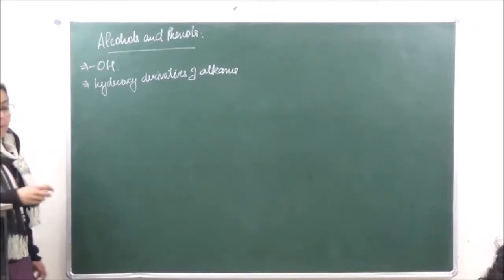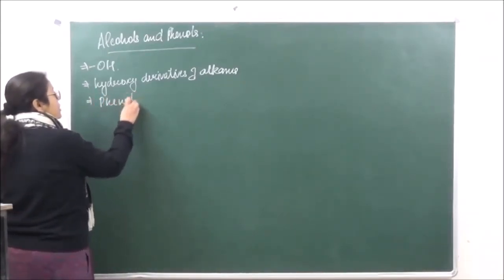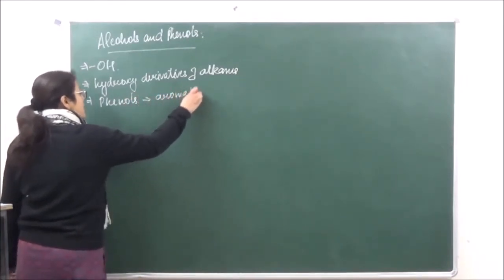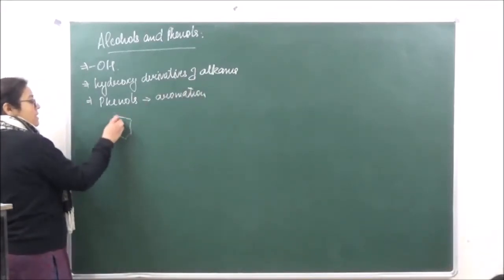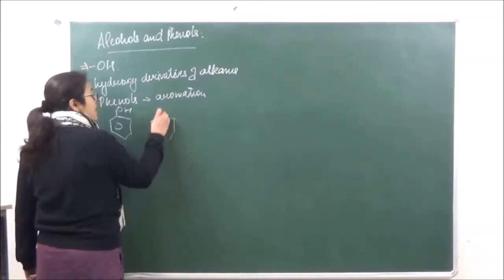Phenols are compounds which are aromatic in nature. Phenols are aromatic, where the OH group may be directly attached to the benzene ring, or it may be attached to the side chain.